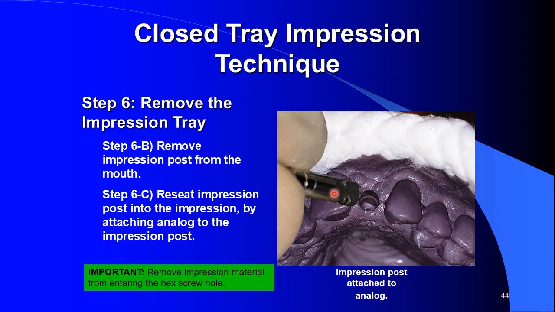So we must attach an analog that resembles the implant in the patient mouth to the impression post before seating it in the impression. And we can see that there is a flat surface in the head of the impression post that will aid in reseating of the impression post in the impression.